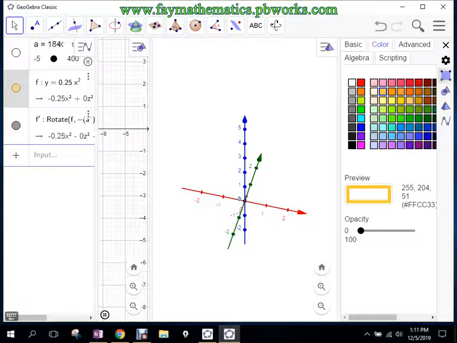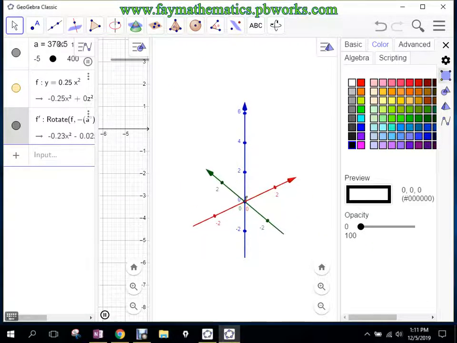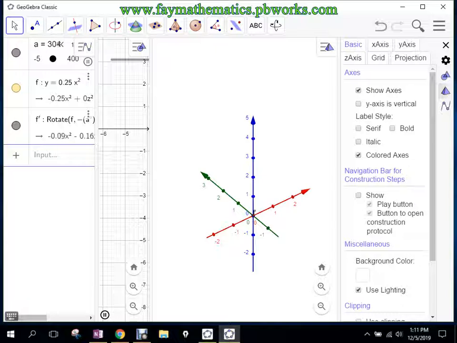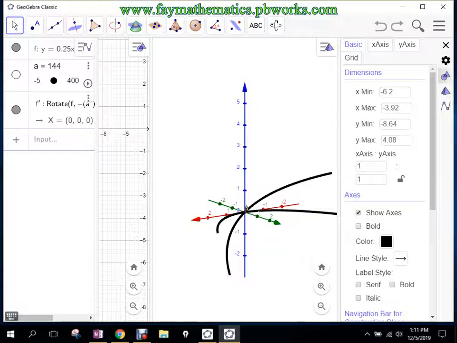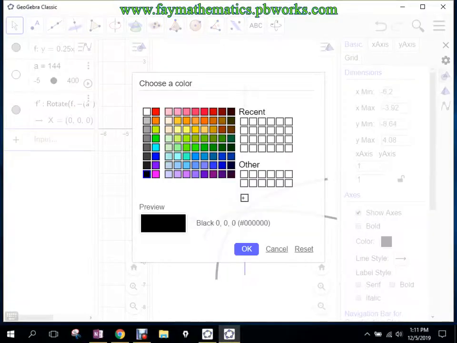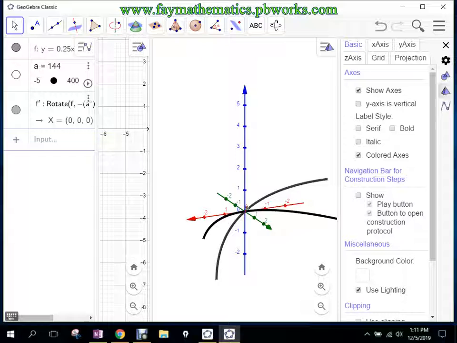What happened? Where'd it go? I don't know what happened there. Hold on a second. Okay, there we go. So I want to change this color. That's my axis color. That color to that. Will that work?